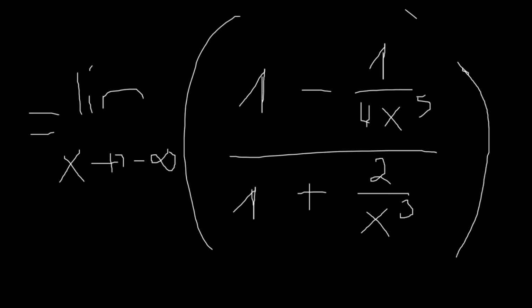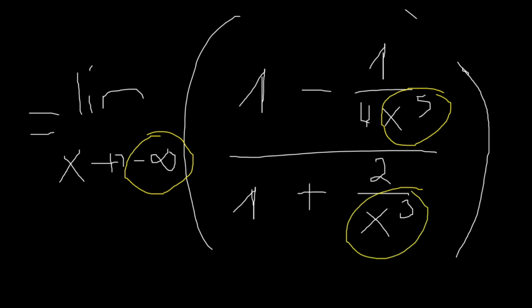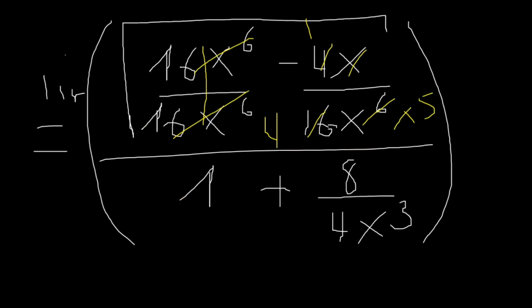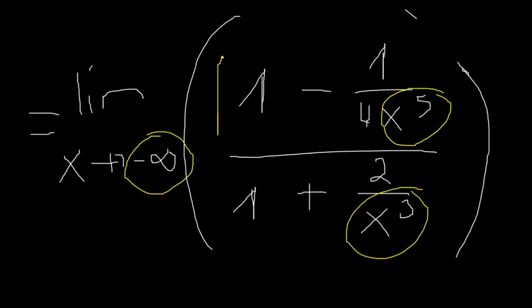From here, we are just going to substitute this negative infinity, because our x is tending to negative infinity. Don't forget about the square root, sorry. Don't forget about this.